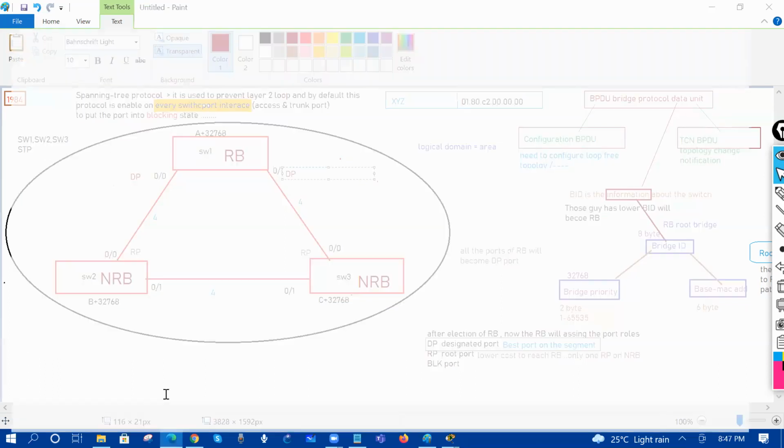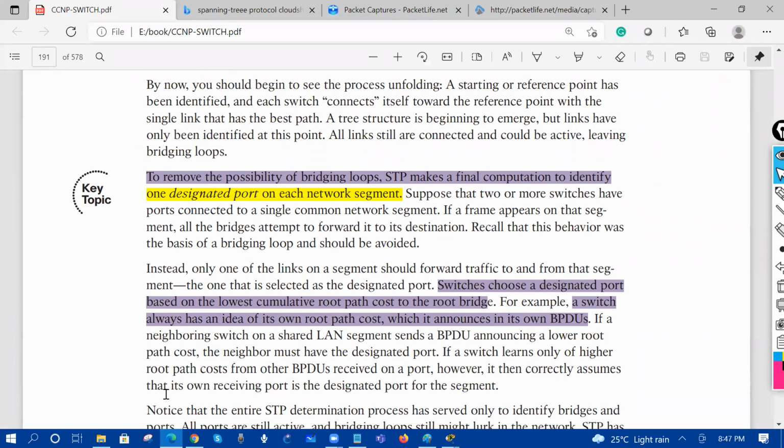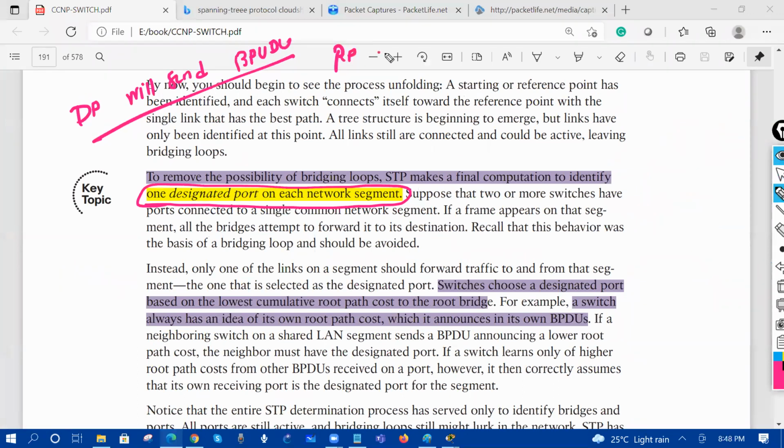If you see the definition of this one: to remove the possibility of a bridging loop, the spanning tree makes a final computation to identify one designated port on each network segment. Because the DP will send BPDUs, the RP will receive, and the blocking port will receive.